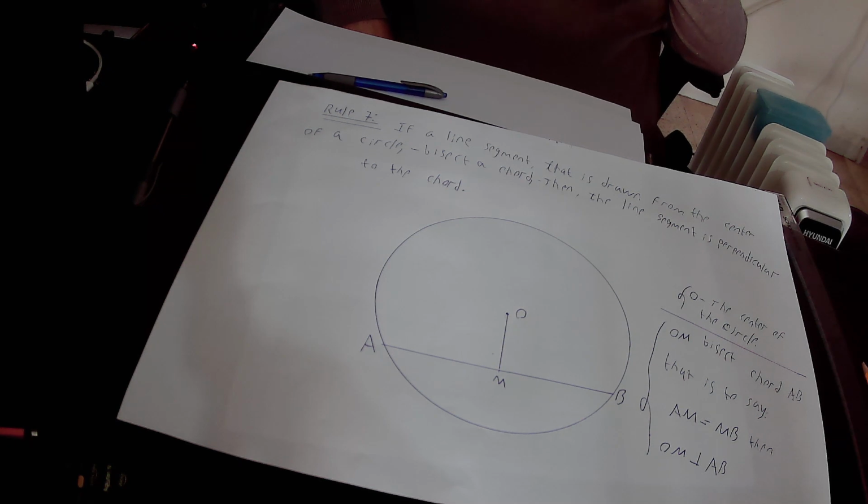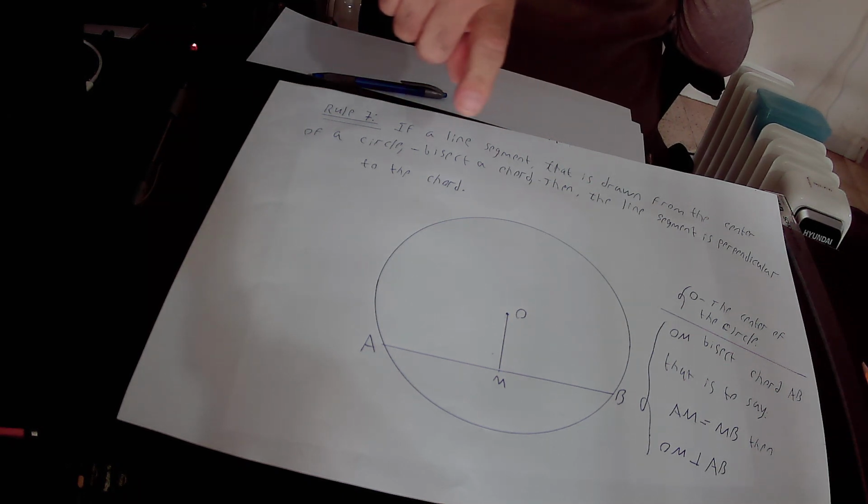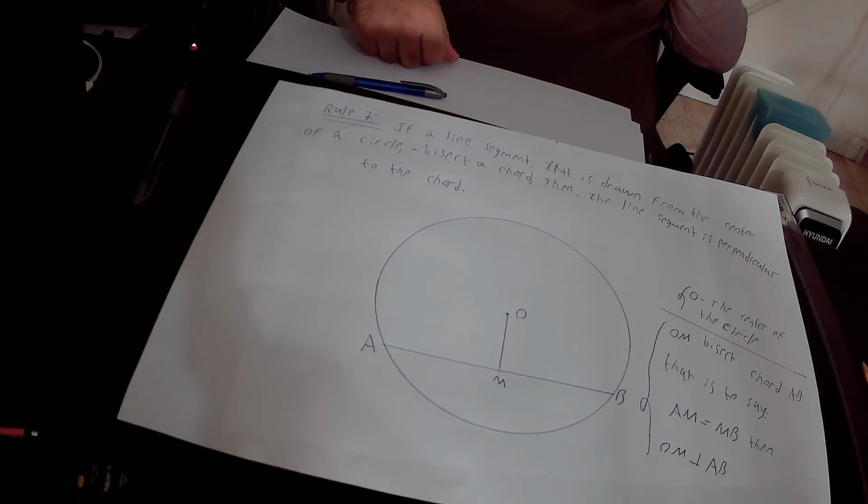So whenever a line segment that is drawn from the center of a circle bisects a chord, like in this case, OM bisects chord AB, then OM will not only bisect the chord, but it will also be perpendicular to the chord.